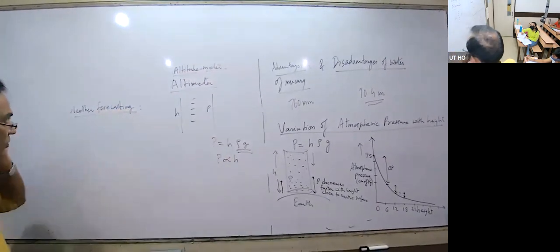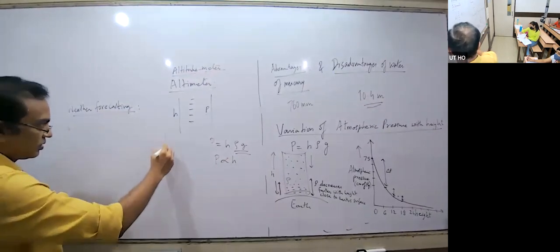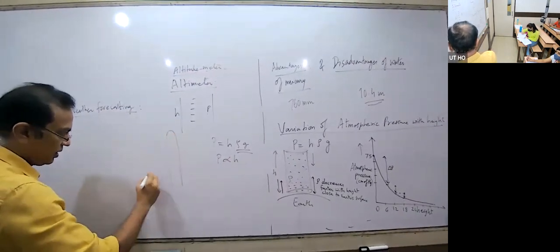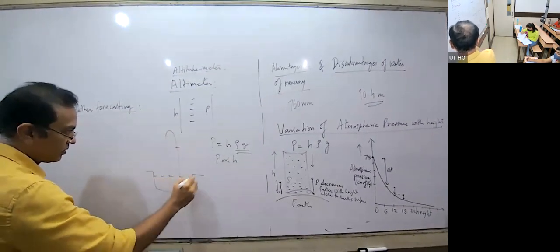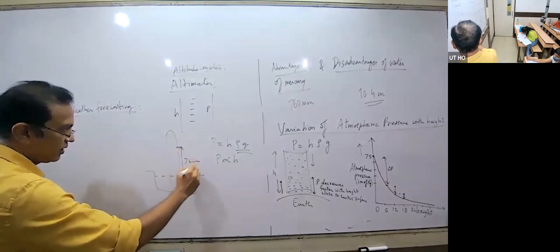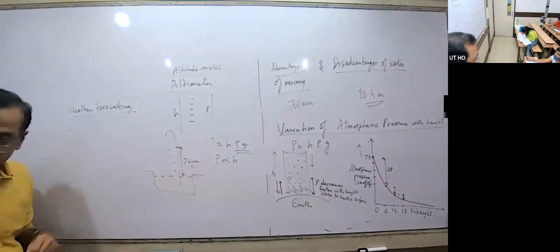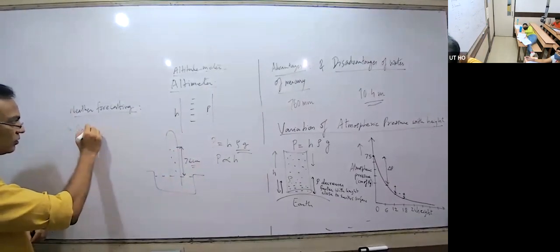Now, in weather forecasting, suppose ideally at sea level it should show 76 centimeters. This is the normal atmospheric pressure. Now we find a sudden fall.